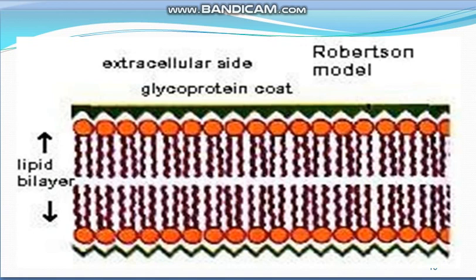But according to the Robertson model, the thickness of the cell membrane is 7.5 nanometer. We can say that this concept of the Robertson model is an oversimplification and does not give account for many proteins. This is just like the Danielli-Davson model.